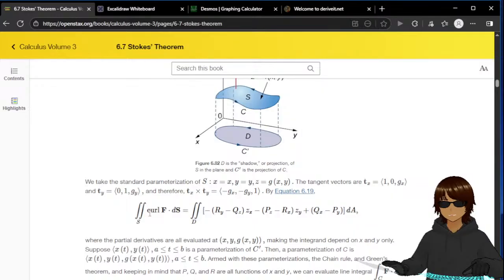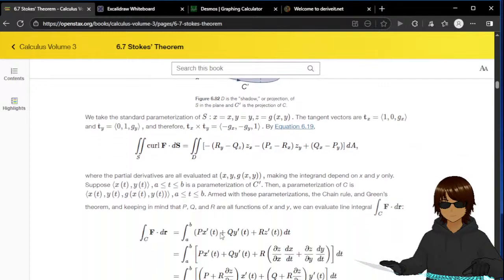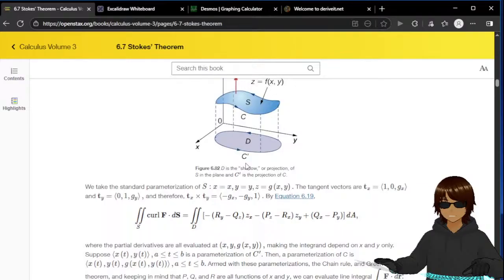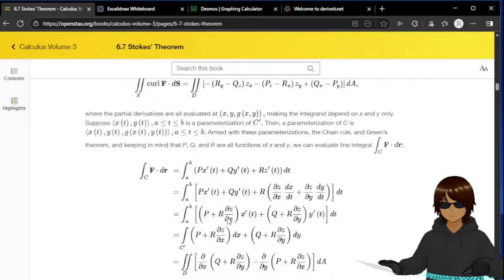So the double integral of curl F dot dS is equal to the double integral over D of this region, where the partial derivatives are all evaluated at x, y, g(x, y), making the integrand depend on x and y only.